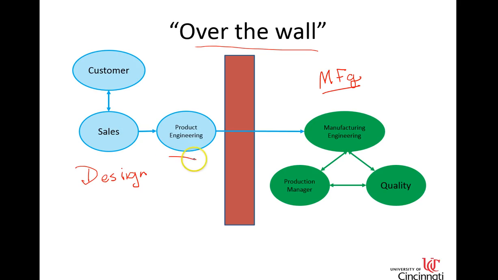They draw it out, put it on a 3D model or whatnot, and send it over to a manufacturing team. This may or may not be in the same company, but oftentimes it can be in the same company. This could be some small design company and goes to a manufacturer, and the manufacturer just has to deal with it. They have a product, they have a blueprint, they have a 3D model, and they've got to manufacture to that 3D model. Part of the problem is that it can be a very expensive process.